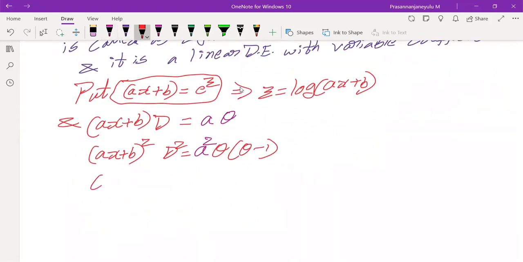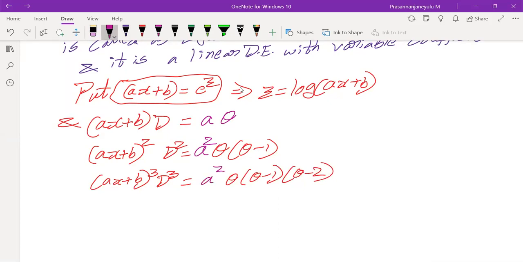What is the next term? (ax plus b) whole power 3 into D cube equals, what we have to substitute according to the earlier case, x cube D cube equals theta into (theta minus 1) into (theta minus 2). But here in place of x, we have on the left hand side ax plus b, so (ax plus b) whole cube into D cube equals a cube into theta into (theta minus 1) into (theta minus 2).